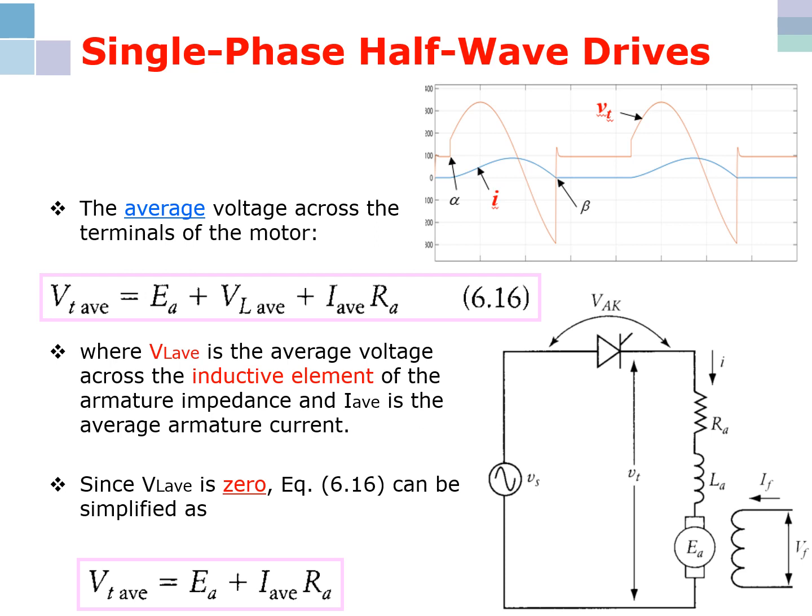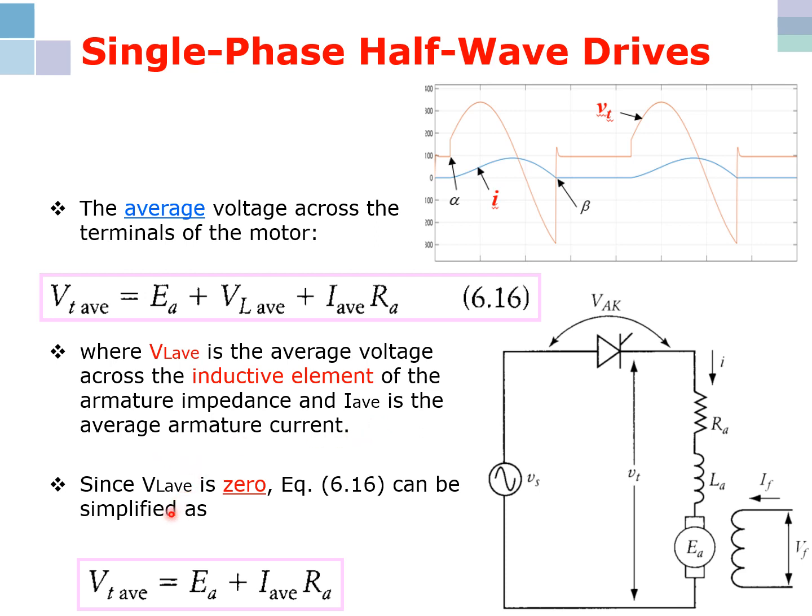Okay, for the next one, the average voltage across the terminal of the motor. The average terminal voltage of the motor can be expressed by equation 6.16, which is VT average equals EA plus VL average plus I average RA, where VL average is the average voltage across the inductive element of the armature impedance, and I average is the average armature current.